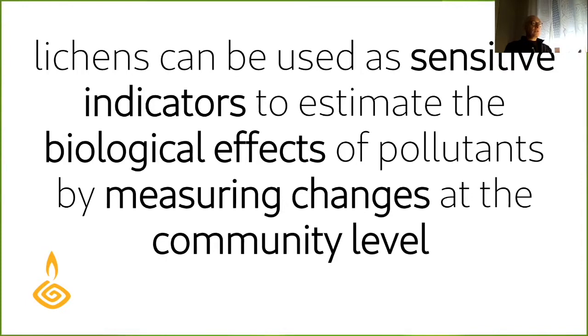So it's very simple: we can use lichens as sensitive indicators to estimate what? The biological effects of pollutants, the comprehensive effects at the biological level. How? Simply by measuring changes at the community level, as Nylander did at the end of the 19th century.